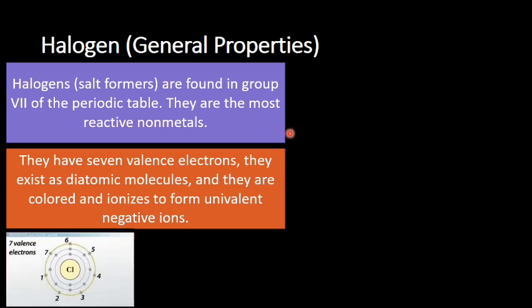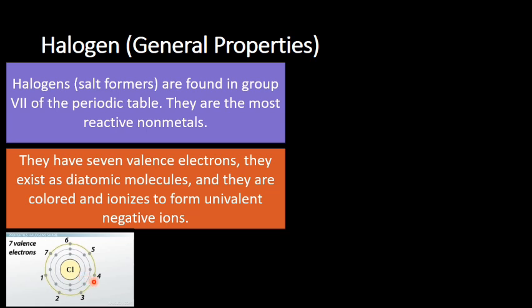Now look at this image we have here. This image is trying to explain the valence electrons of the halogens. Let me start with the innermost shell. The one I'm pointing at here is the innermost shell, followed by this, then this last one here is the outermost shell.